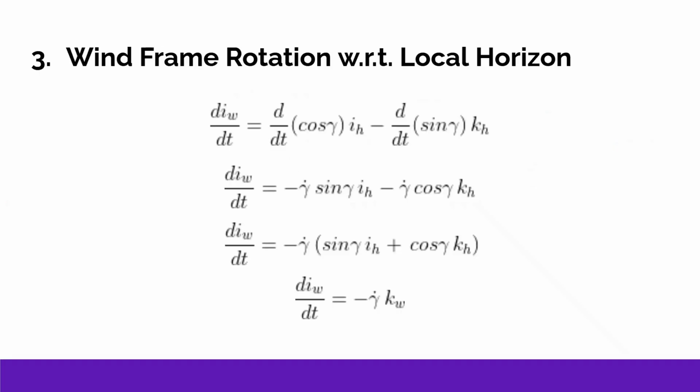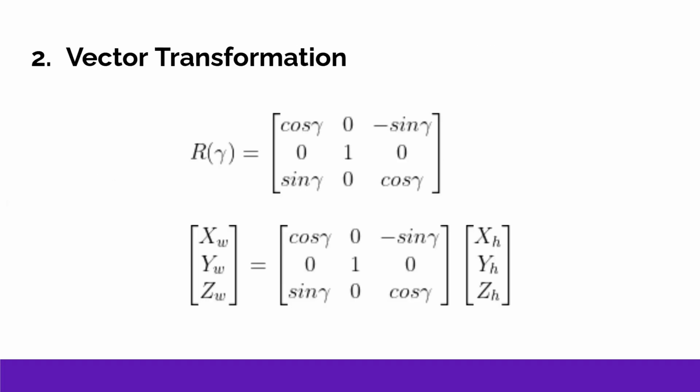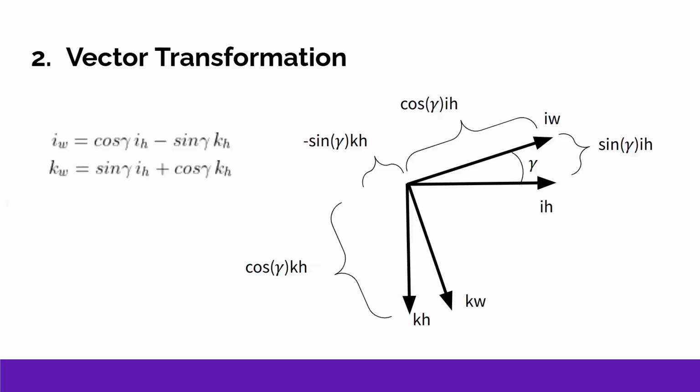Now finally, you apply the exact same method to take the derivative of KW. The derivative will yield the second line. You will factor out gamma dot again, and you will see that what you have in parentheses is exactly equal to IW, and this is what we had found here.